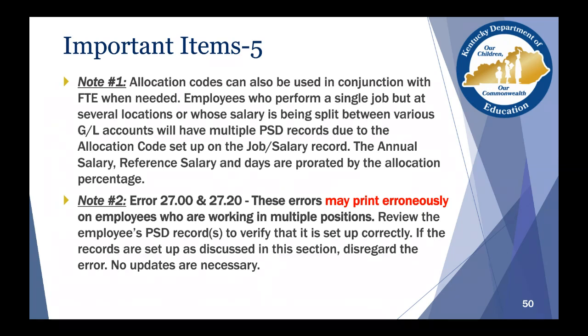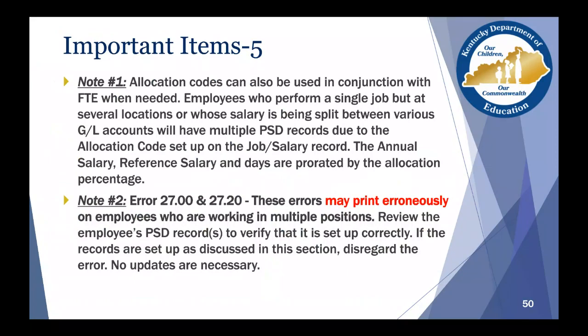The second one here, errors 27 and 2720, tells us that these errors may print erroneously. If you have employees who are working in multiple positions, you want to review the employee's PSD records to verify that they are set up correctly. If the records are set up as discussed, you can disregard the error. No updates are necessary.